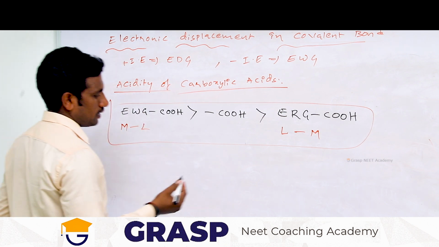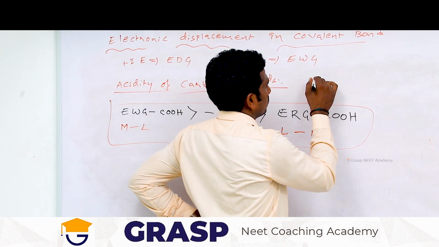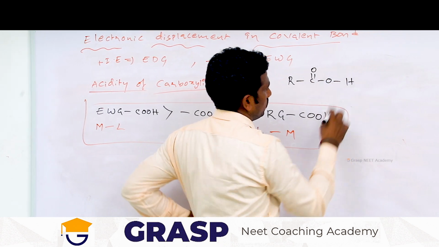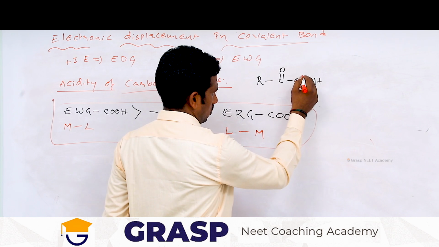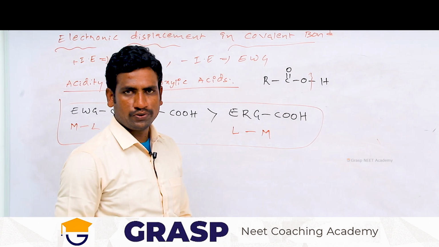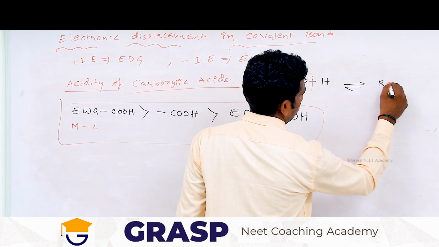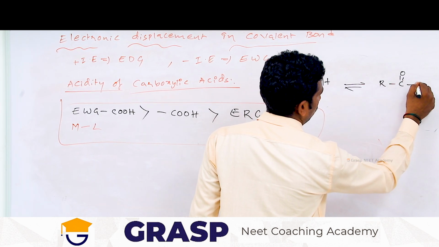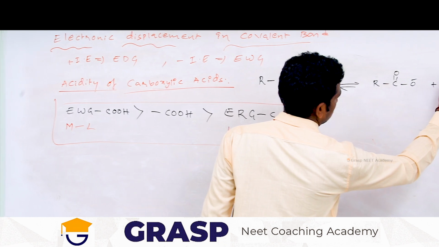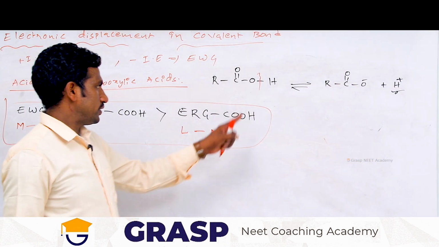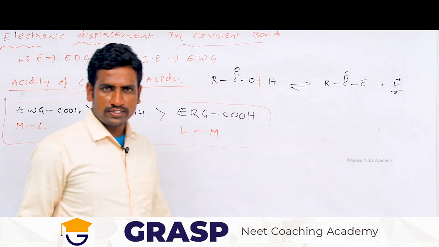See how carboxylic acids dissociate. In the carboxylic acid RCOOH, this oxygen hydrogen bond needs to break. Then you get RC double bond O, O minus, plus H plus. Like this you get the proton. In which cases does this oxygen hydrogen bond cleave easily?